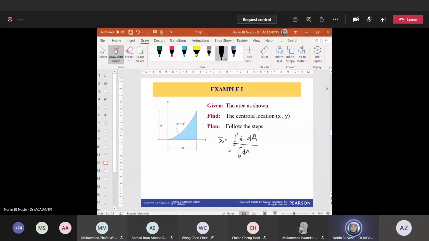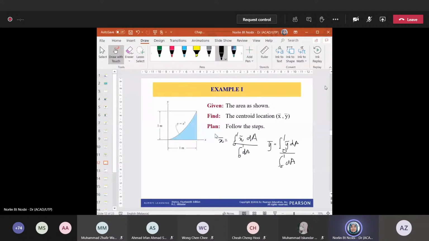That's for x. Now you need to find y bar. The formula is the integral of y tilde dA over the integral of dA. You need to refer back for y: it is from 0 until 1. So you write 0 and 1, 0 and 1. So this is the formula you should use.